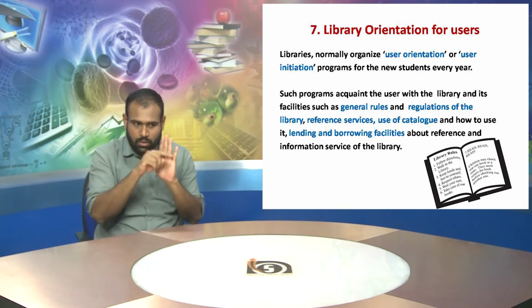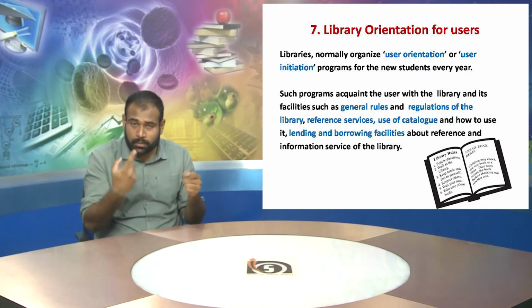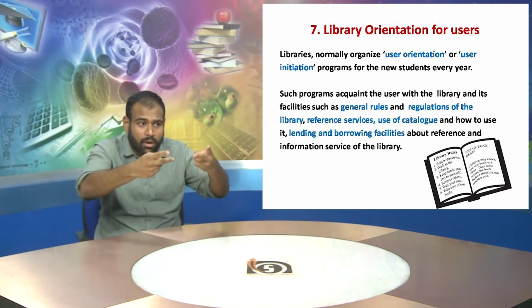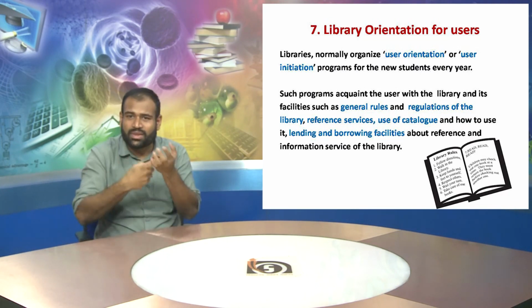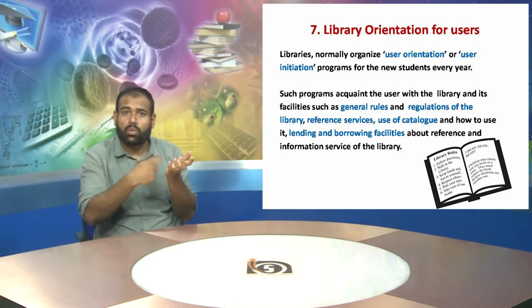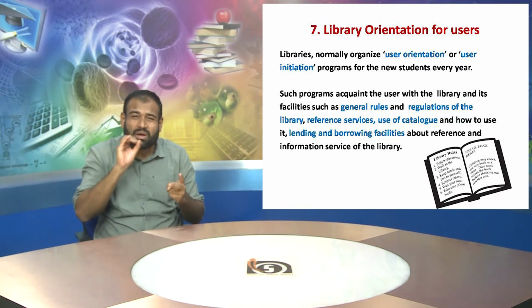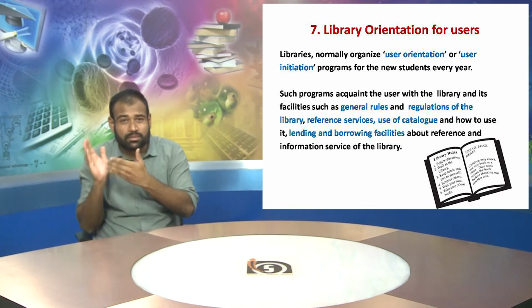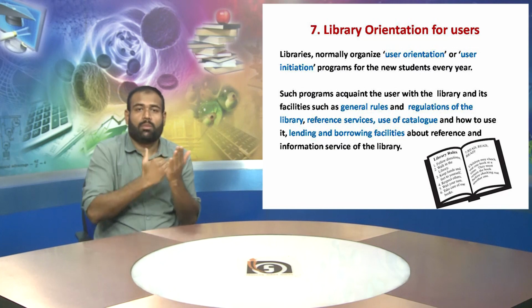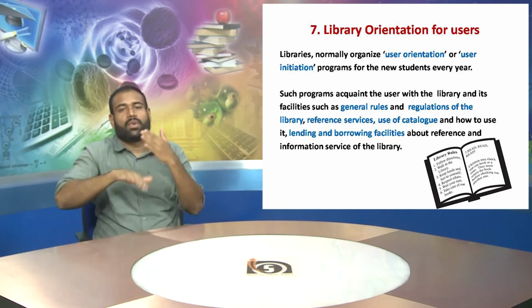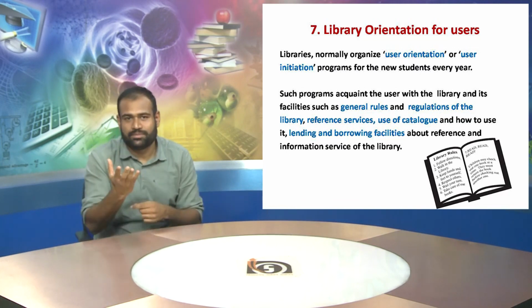Such programs acquaint the users with the library and its facilities, such as general rules and regulations of the library, reference services, use of catalog and how to use it, lending and borrowing facilities, and reference and information service of the library.